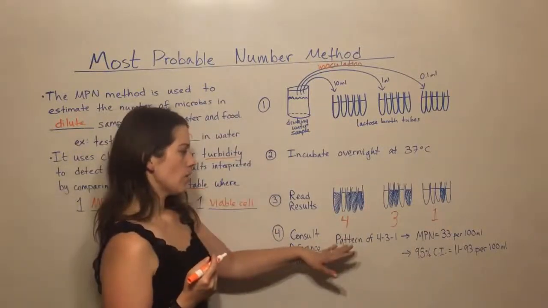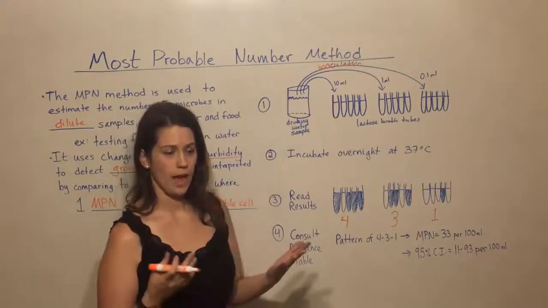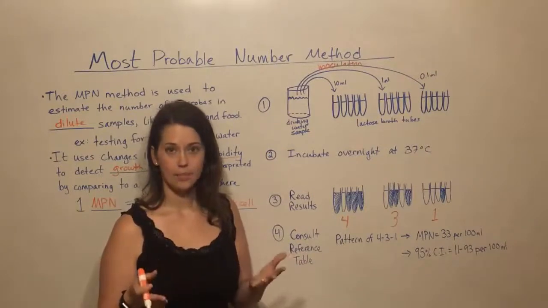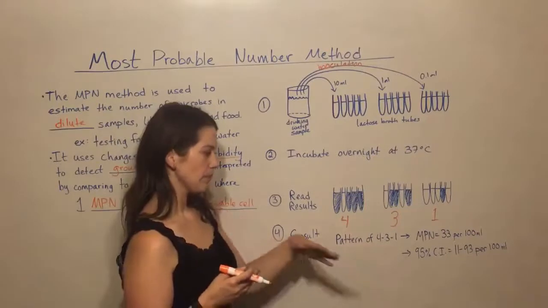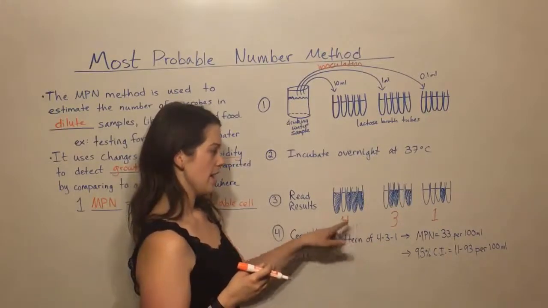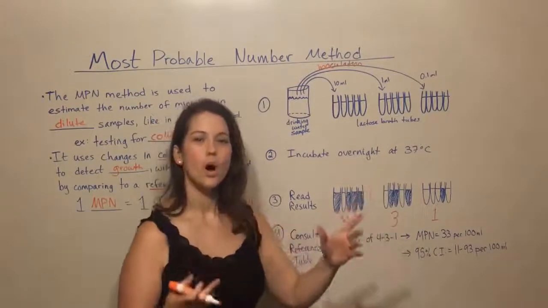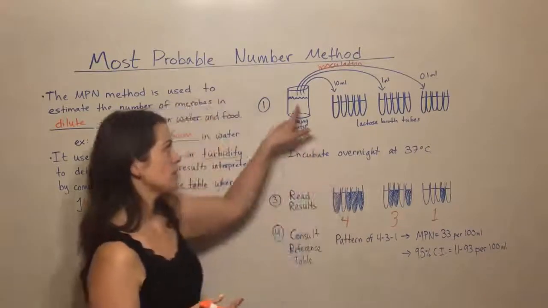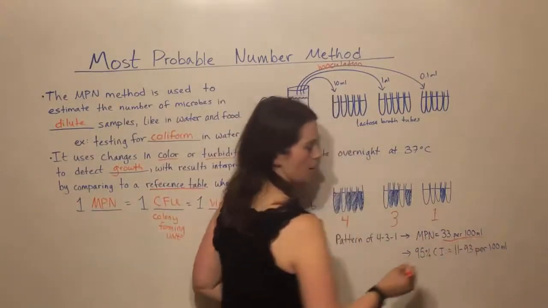And so we look at our reference table. If you're a student, this is often in the back of a textbook or in the back of a lab manual. So you look for the pattern of 4, 3, 1. And this tells you that if you see the 4, 3, 1 pattern, the MPN, the most probable number of coliforms in the original sample, was 33 per 100 mils.